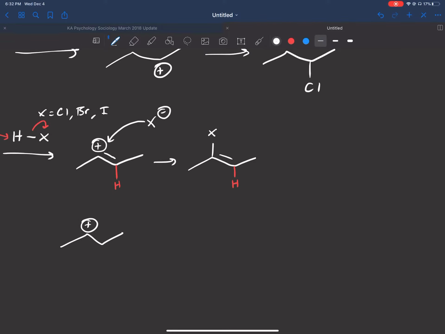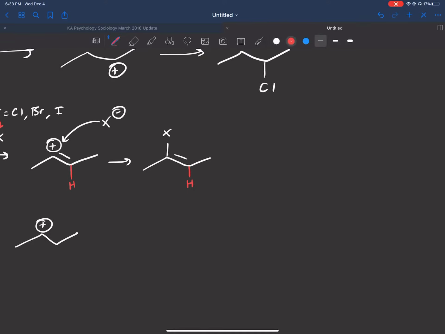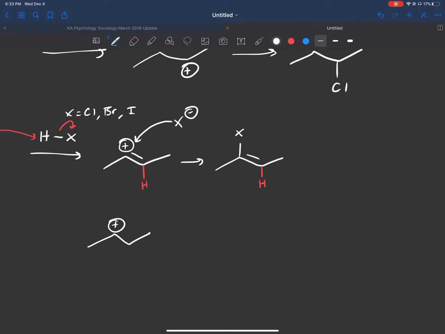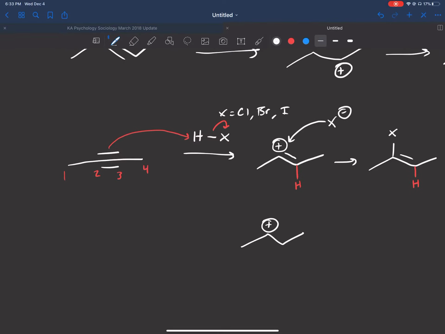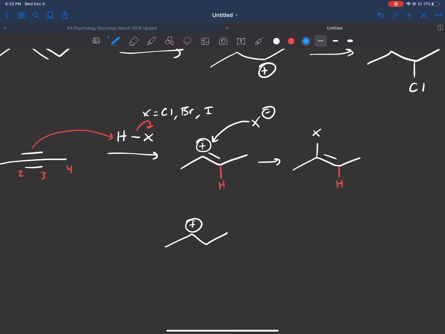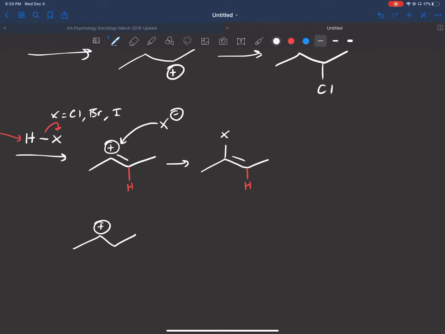Now, this is also not as stable. Similar to when we had this sort of enol intermediate, it's not that stable to have a halogen on a carbon with a double bond. Okay? So what's going to happen is, remember, we don't always just have one of these HX molecules in our solution. We always have more than that. So another one of these is going to react.